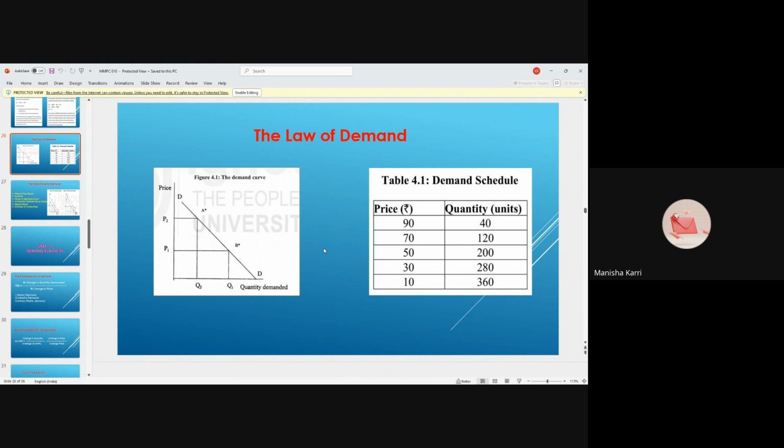For nearly all goods and services, two influences are at work, known as the income effect and the substitution effect, which are particularly important in explaining the negative slope of the demand function. You can see the demand curve here also.